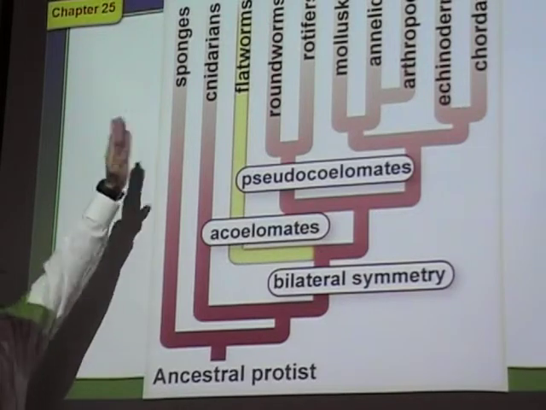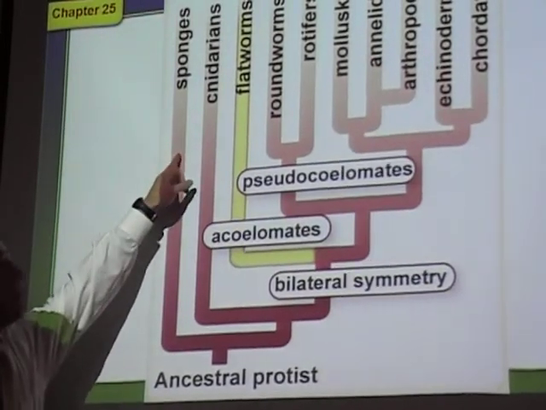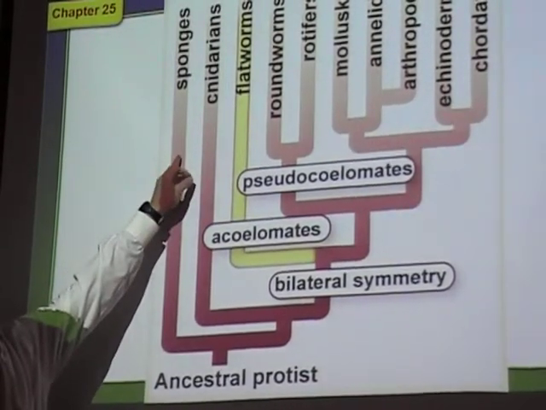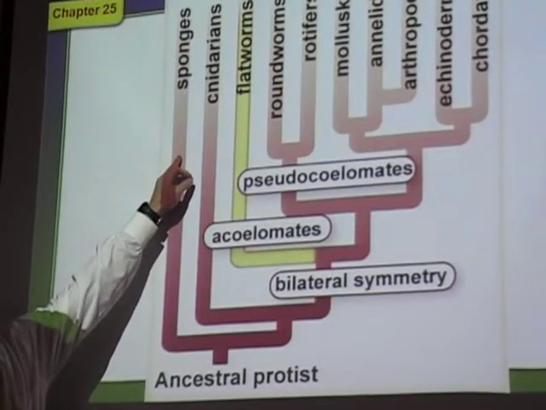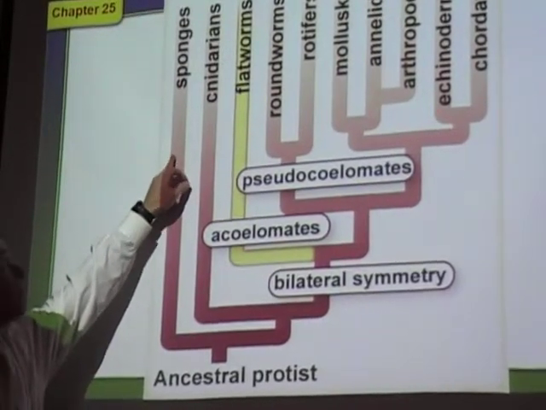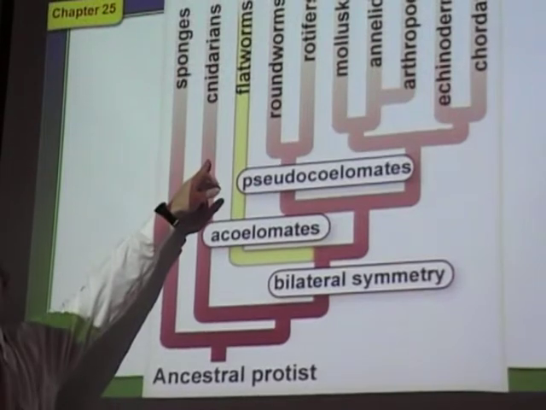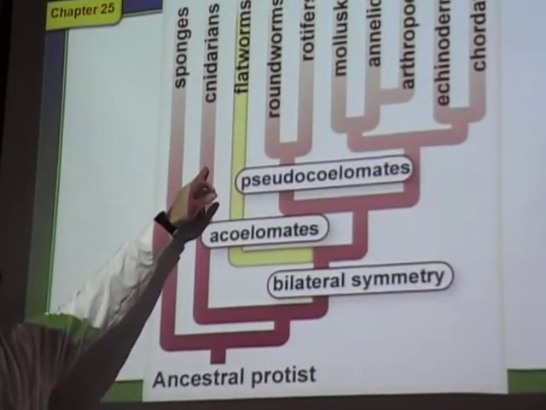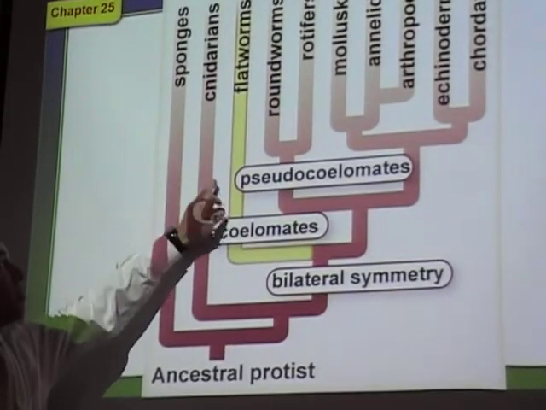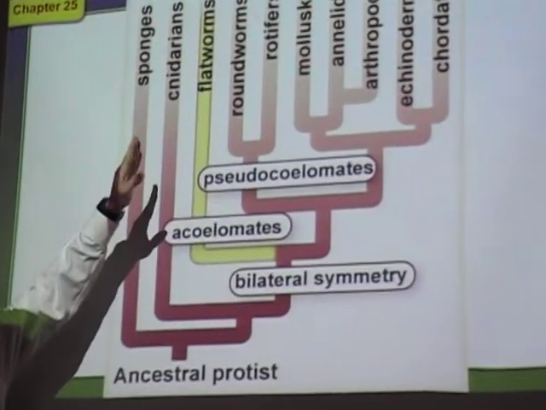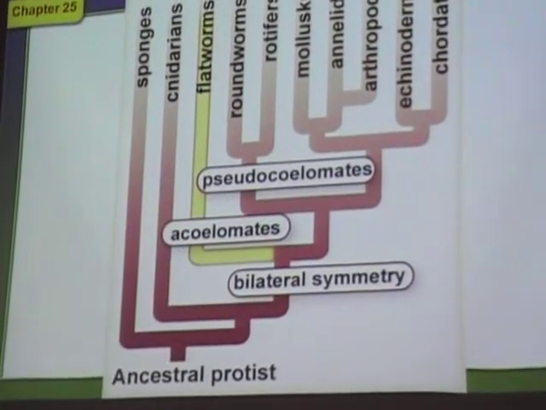We studied sponges already. What phylum were they? Porifera. Then phylum Cnidarians, those were the jellyfish, sea anemones, corals. Very interesting. Now we're at the flatworms. Flatworms are called phylum Platyhelminthes.